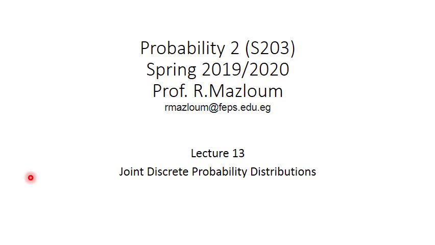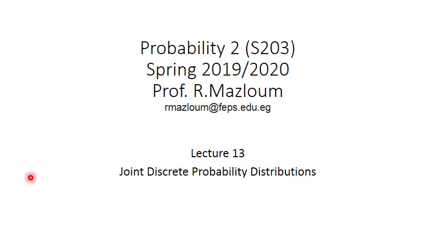And after that, we started to talk about discrete probability distributions. We defined what we mean by joint discrete random variables, and then we defined the joint probability mass function, which is an extension of the probability mass function in the univariate case, which is just a probability.